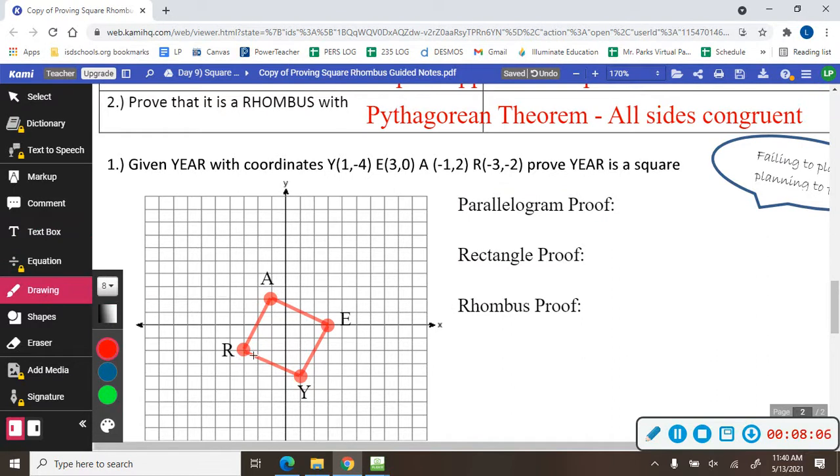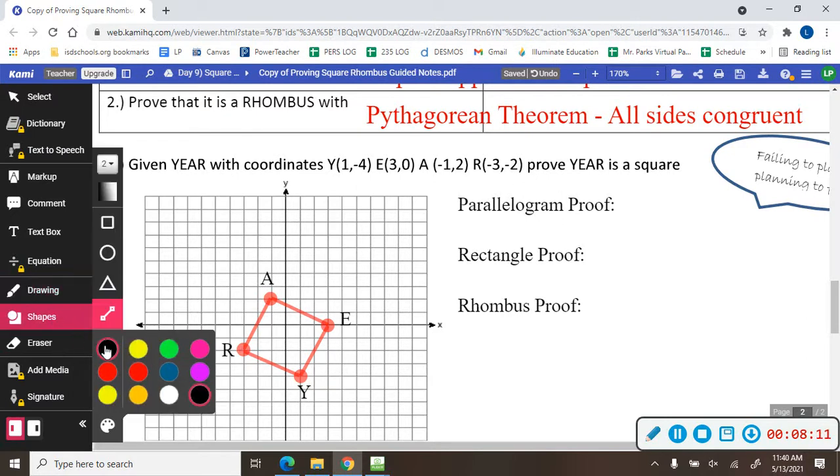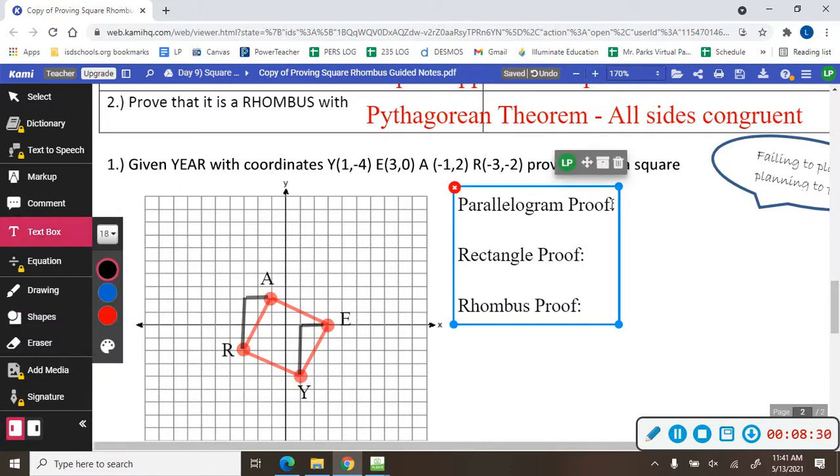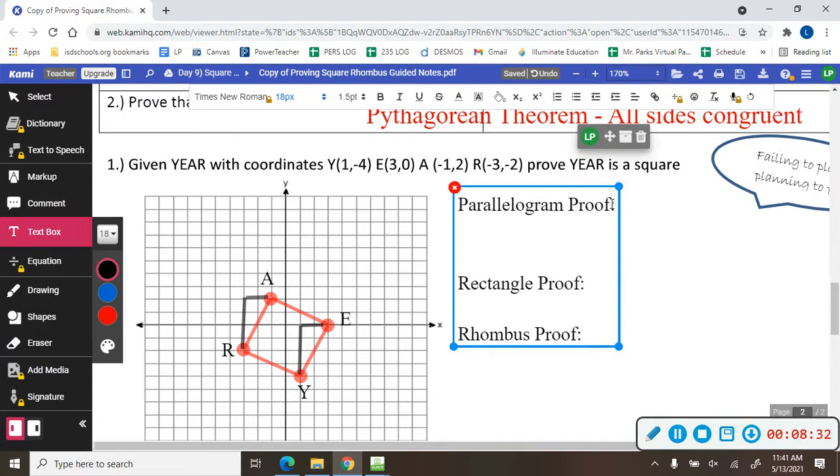And so if I look at the slopes from R to A, it looks like you go up 1, 2, 3, 4 over 2. And the same thing from here to here, you go up 4 over 2. So the first thing I'll say is that RA equals YE equals 4 over 2 equals 2.